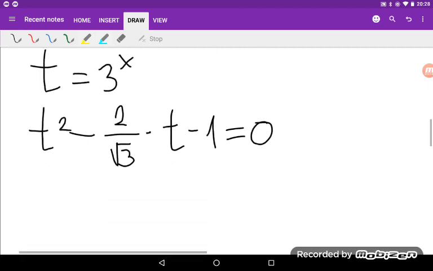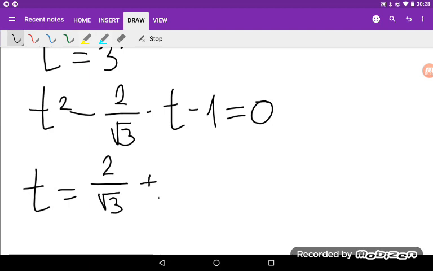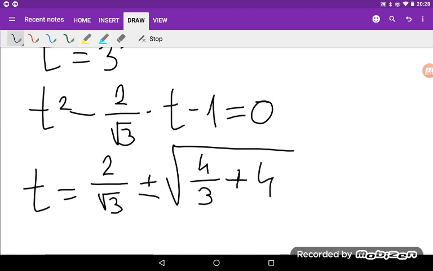Okay, so now I have a quadratic equation, so I can find values of t by formula. So t is equal to 2 over square root of 3 plus minus square root of, this will be 4 over 3, and then I will have plus 4, okay, divided by 2.